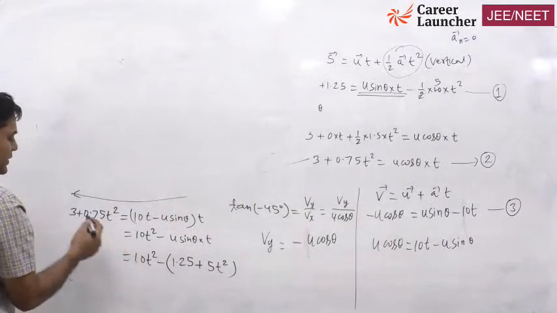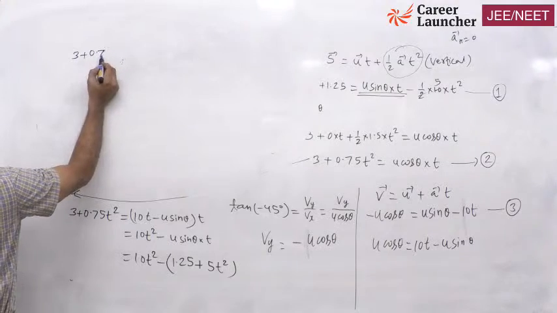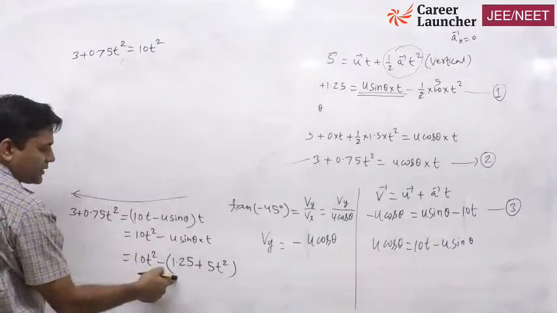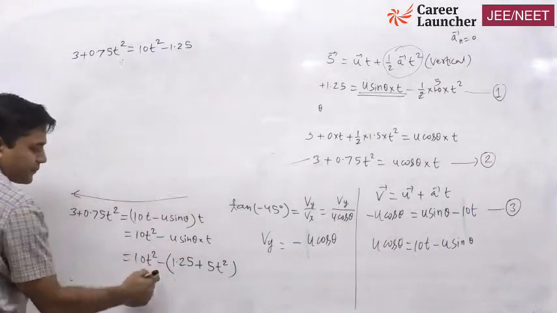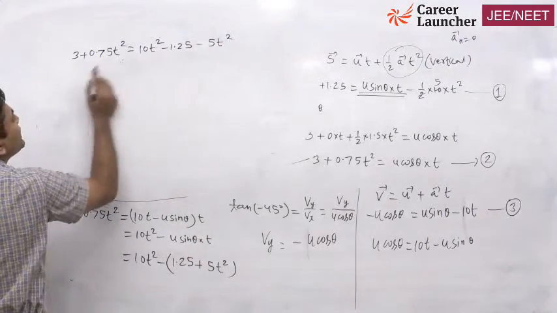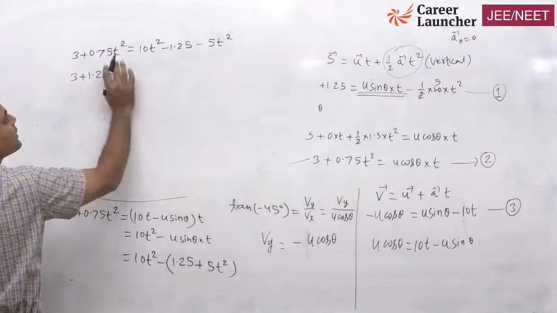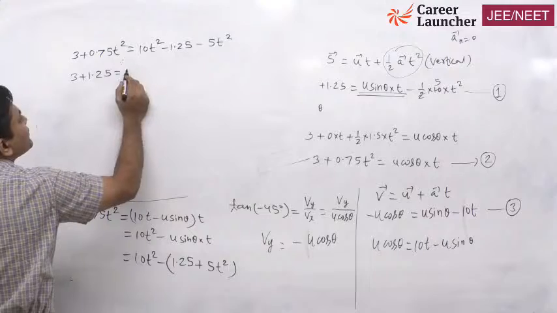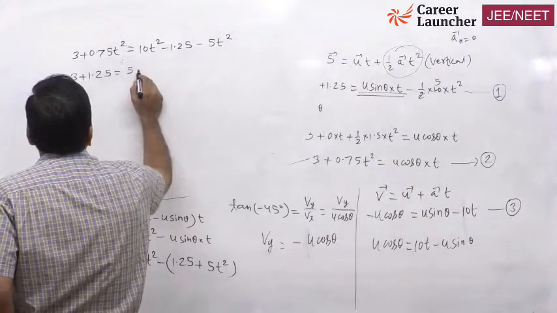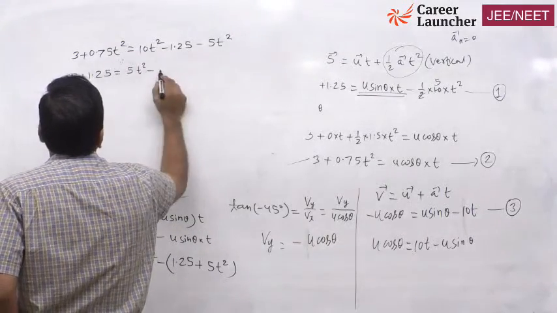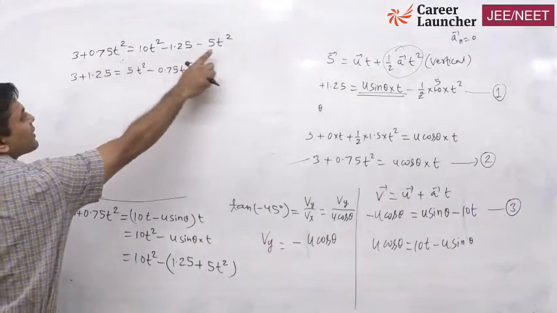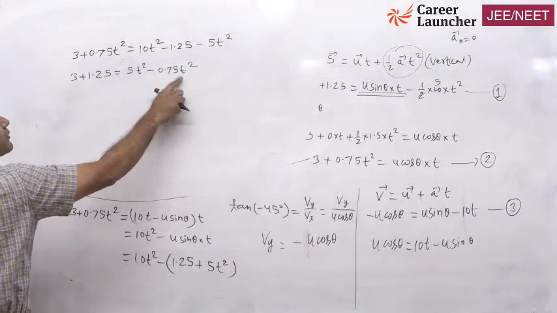Here we will write 3.75t squared equal to 10t squared minus 1.25 minus 5t squared. So this becomes now 3 plus 1.25, 4.25. This becomes 10t squared minus 5t squared is 5t squared, minus 0.75t squared.